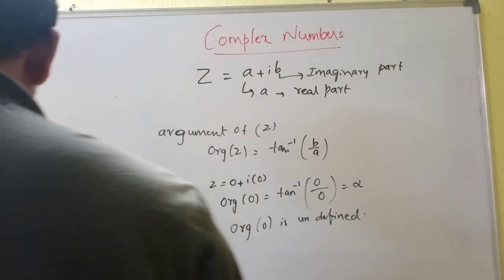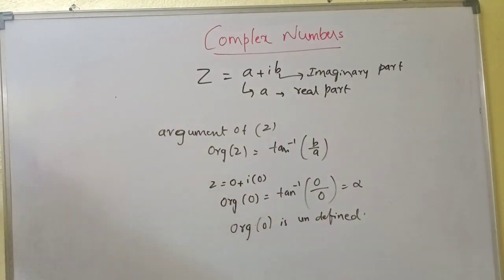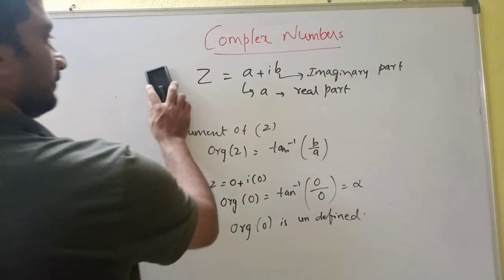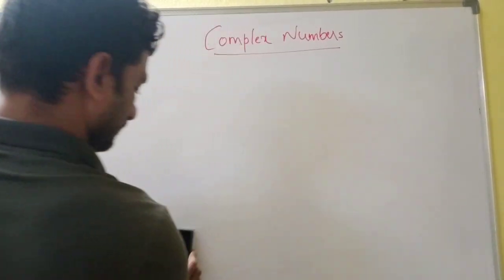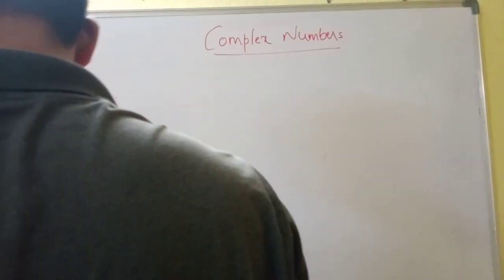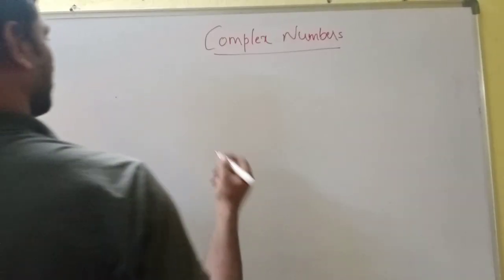So now let's go to the second topic. Polar form of a complex number.